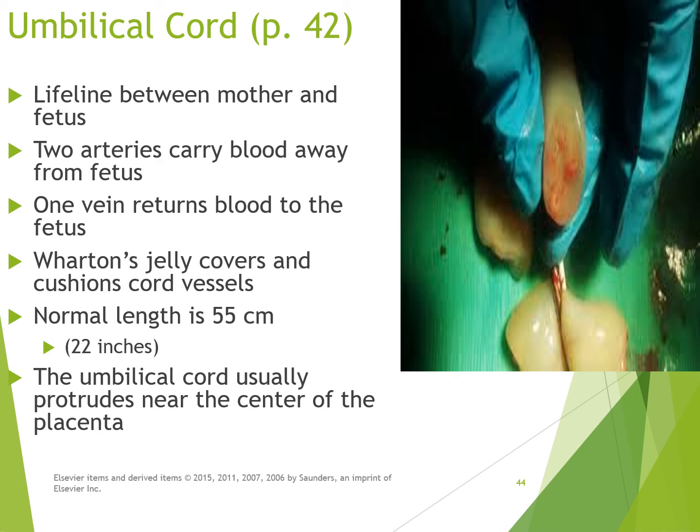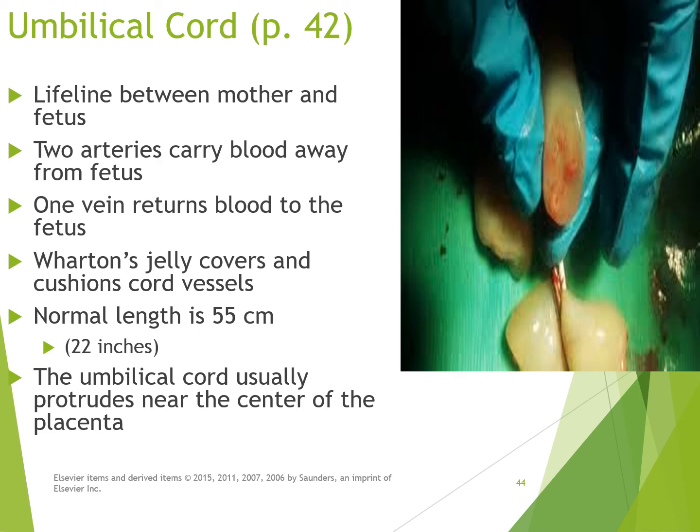Then we talked about the length, and the umbilical cord usually protrudes near the center of the placenta. What I wanted you to look at to the right is the vessels. You can see 3 dots there. On the left are the 2 arteries, on the right is the vein. And it's opposite in adults and fetuses.